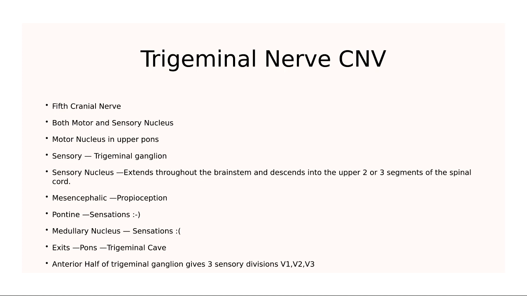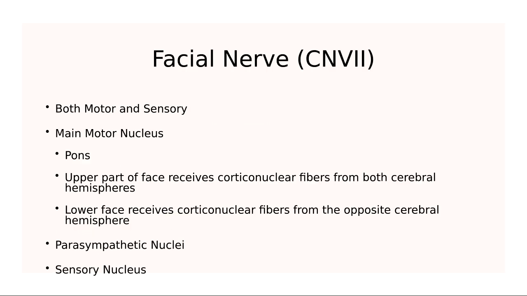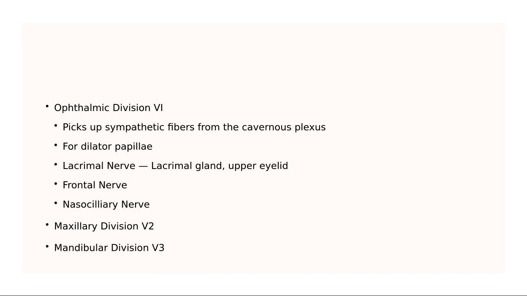The anterior half of the trigeminal ganglion gives sensory divisions, V1, V2, and V3. In ophthalmology, the ophthalmic division is the first division, which is V1, which is what we really focus on. The ophthalmic division picks up sympathetic fibers from the cavernous plexus for the dilator pupillae.